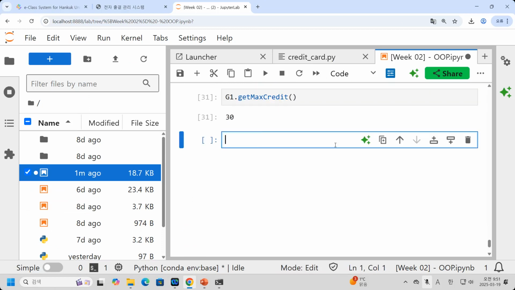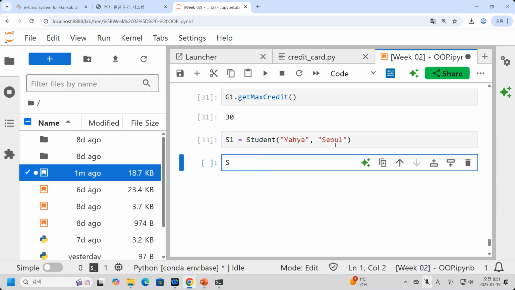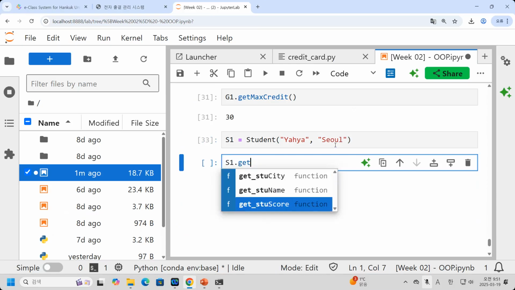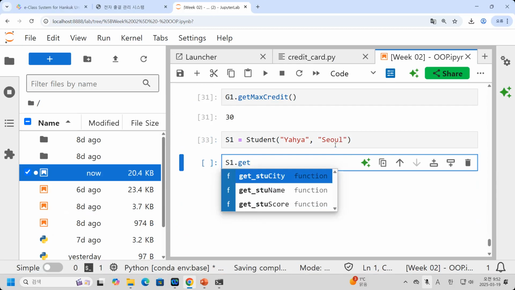Now let's suppose I have a student one, S1, let's say a regular student. Now I want to check S1. Can I check the maximum credit? There is no get maximum credit.